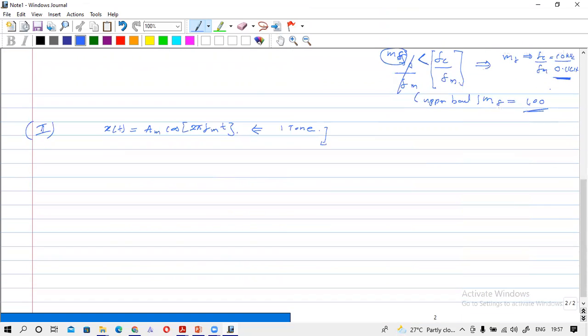So I will write down here the integral of x of tau d tau from 0 to t. So here we have AM sine 25 FM tau.